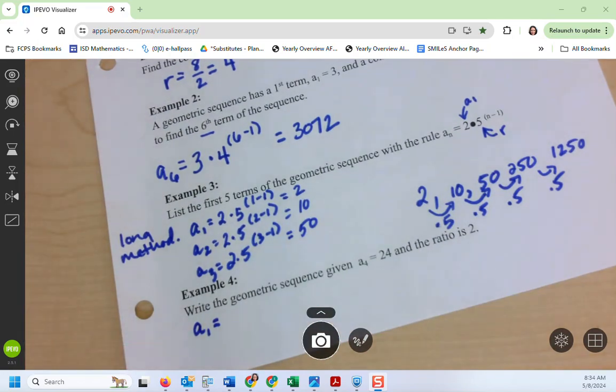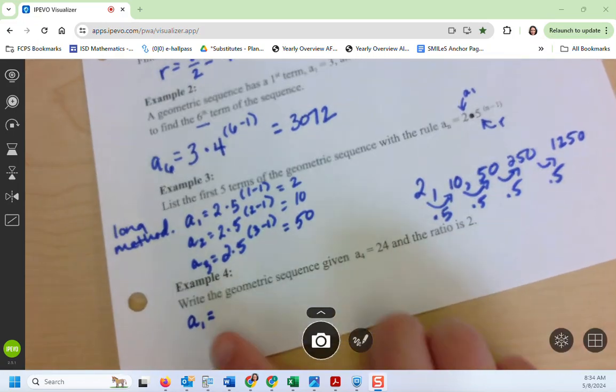If you know the fourth term is 24 and you know that the ratio is 2, how do you find a sub 1?